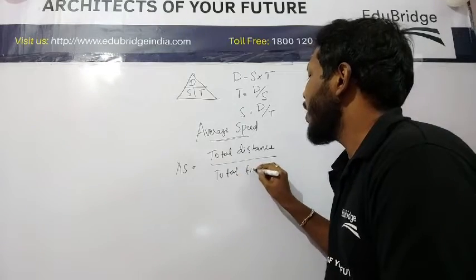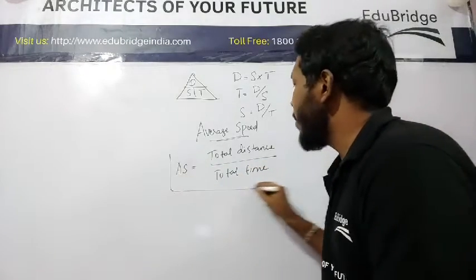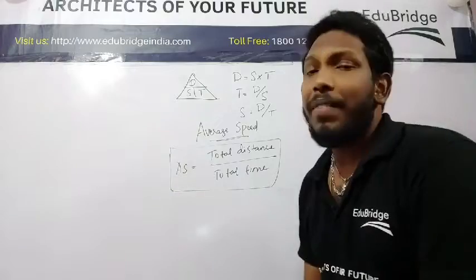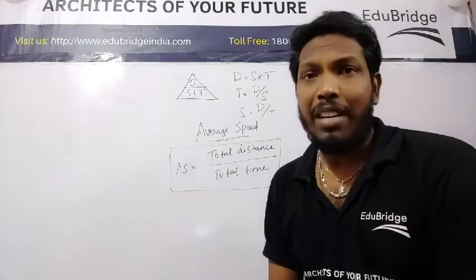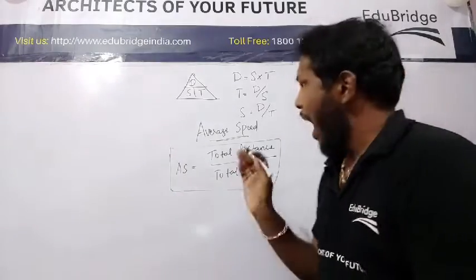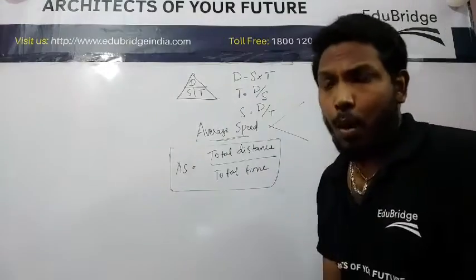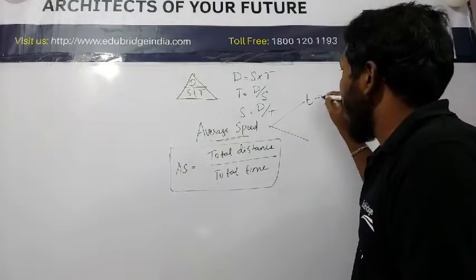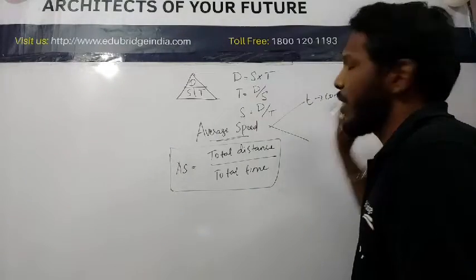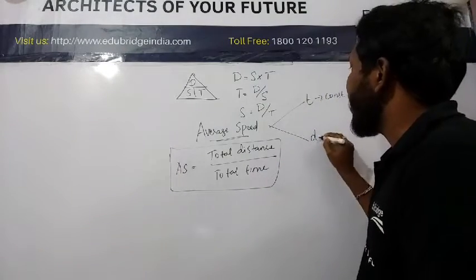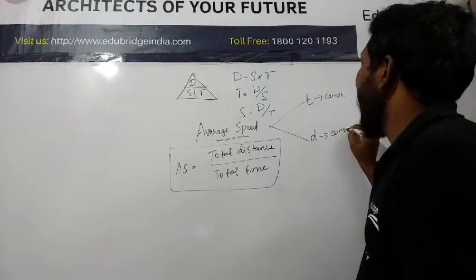This is your general formula, which is very important whenever you solve any questions on average speed. Average speed has two cases: one is when the time is constant, and the other is when the distance is constant.